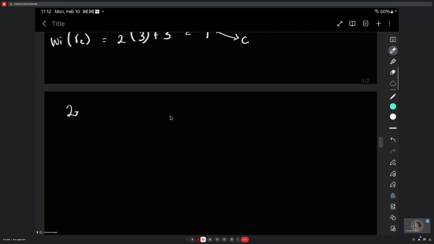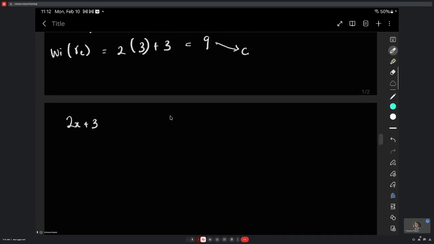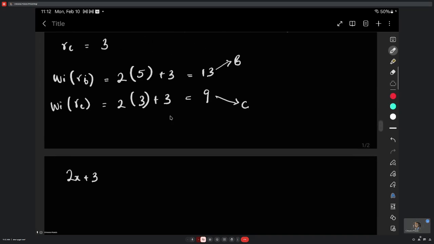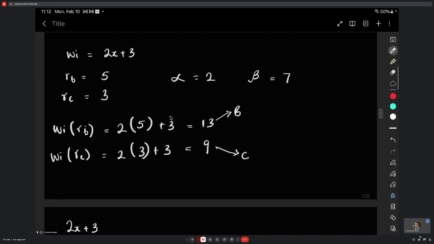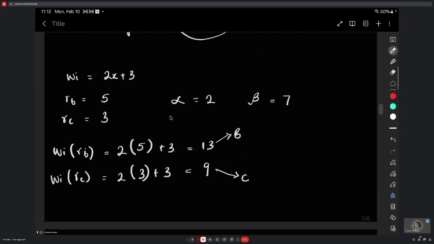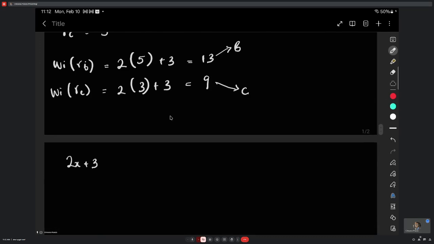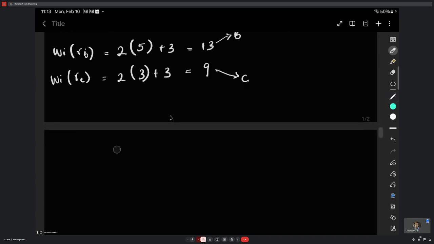We have our 2x plus 3, right? If we multiply this 2x plus 3 by alpha, where alpha is 2, right?